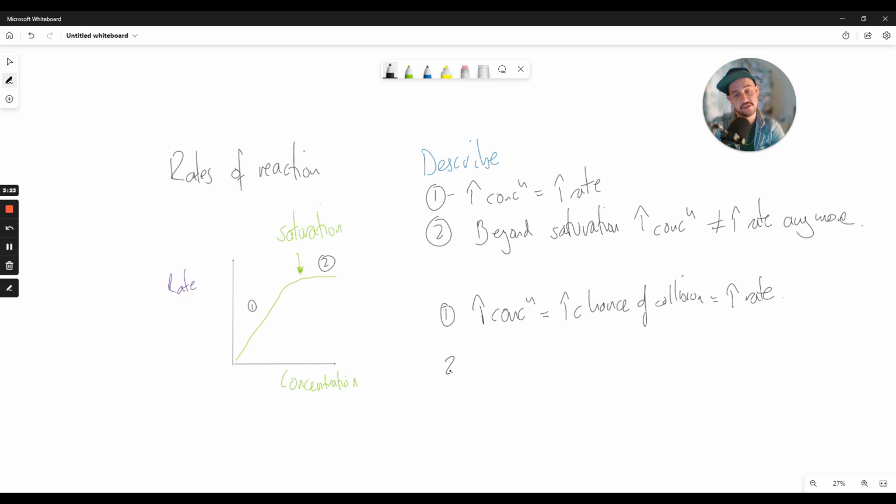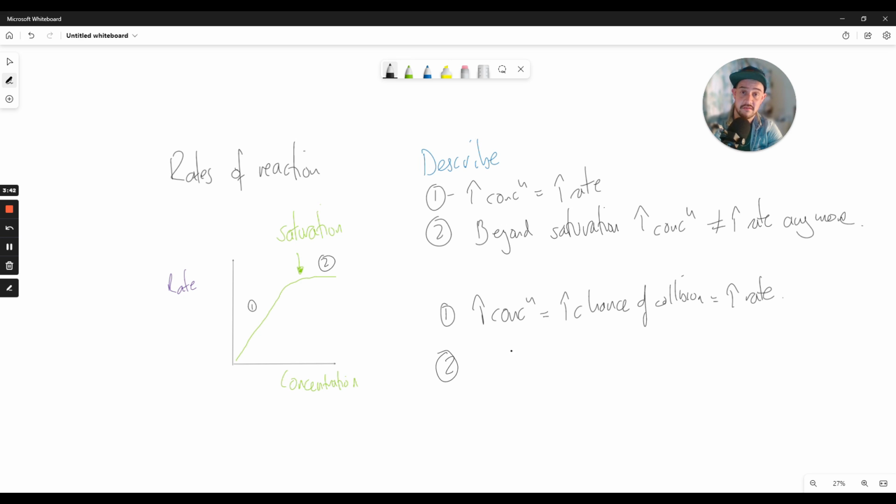Beyond saturation, though, what you end up having is excess enzymes, okay? The more you put in, there's not going to be any kind of more substrate for them to work on than before. And so at that point, there's a lot of enzymes hanging around not really doing anything.